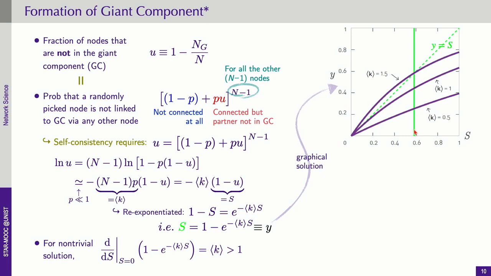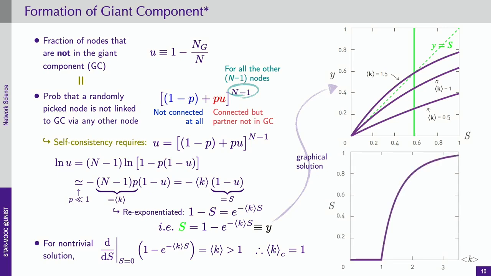And finally, the size of the giant cluster as a function of mean degree is given like this, not like a gradual increase. The further details on this transition behavior are a well-established topic of percolation theory in statistical physics.